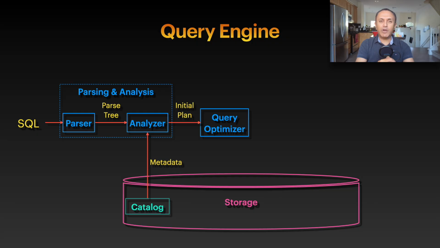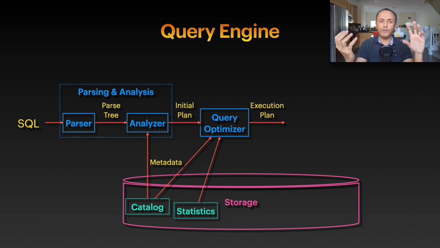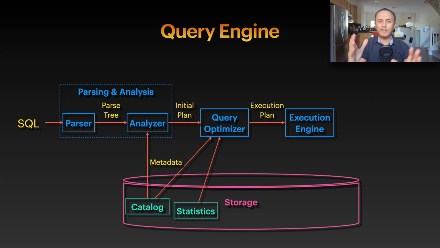All right, so back to our diagram again. We've talked about the query optimizer. We said that the optimizer uses the information coming from the catalog as well as the statistics in order to convert that initial plan to the final execution plan that's going to be used to actually run the query. That execution plan, once we have it, goes into the execution engine. So that is the final part of the pipeline.